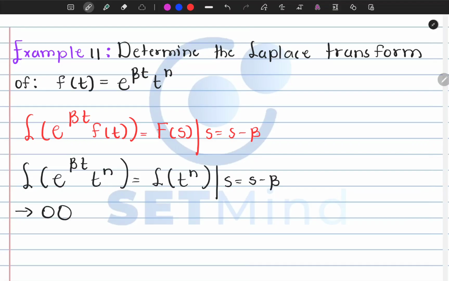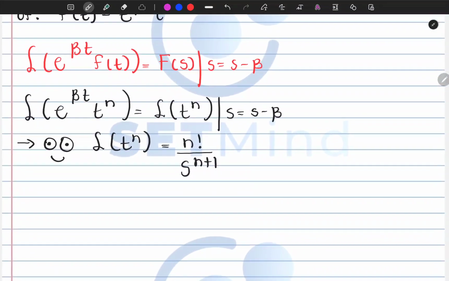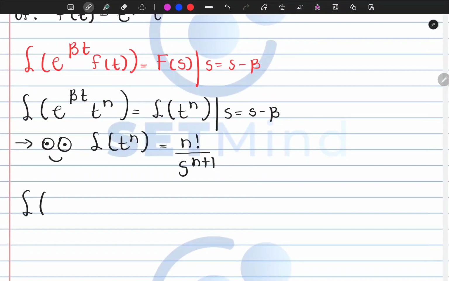Luckily, I did touch on the Laplace transform of t to the n earlier in this session, which is that it will be n factorial divided by s to the n plus 1. So this means that our Laplace transform of e to the beta t times t to the n will simply be n factorial divided by s to the n plus 1.